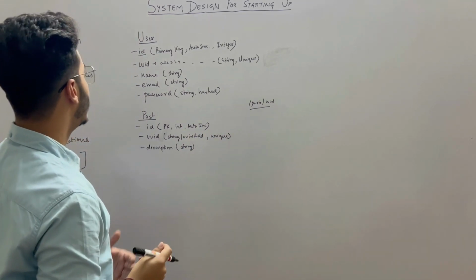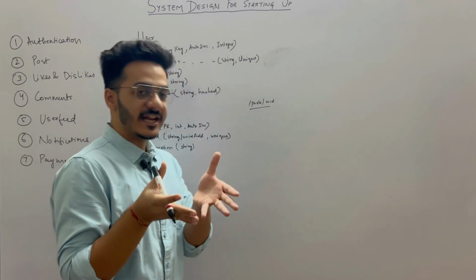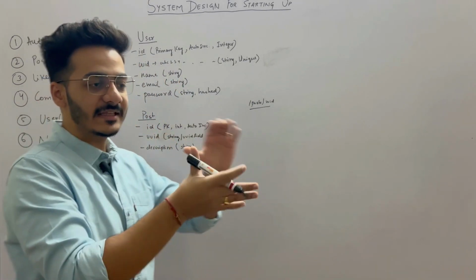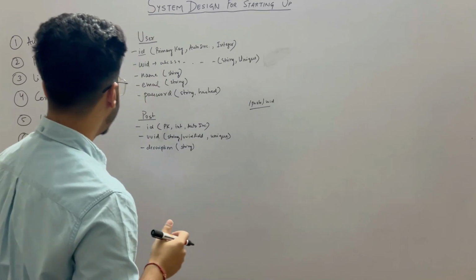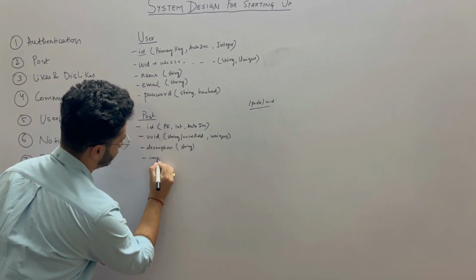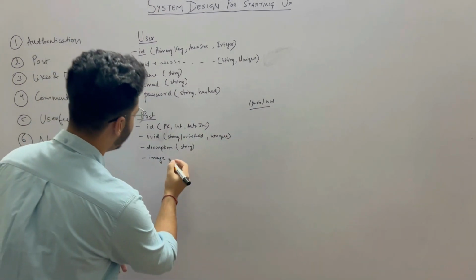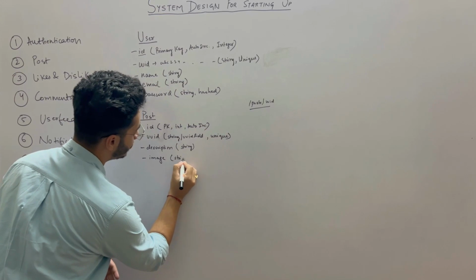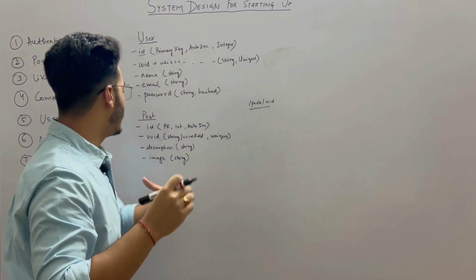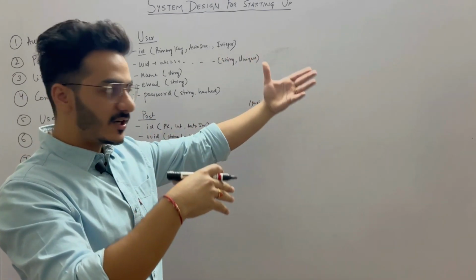Then we will be having post images, because I want the functionality where a user can post with images, right? So for that, I can enter here image, and it will be a file field format, but here we will be storing the URL of that image, because when the user uploads the image, it will be stored elsewhere.